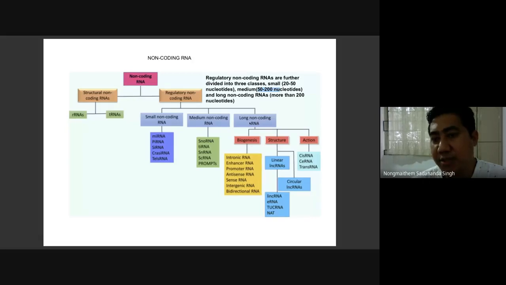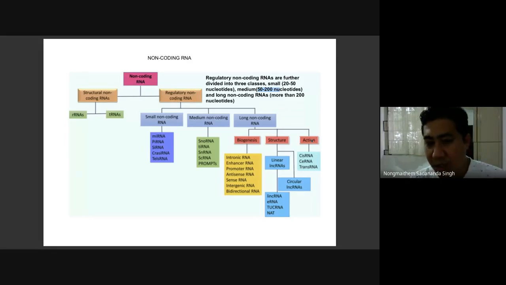Any RNAs which are more than 200 nucleotides long are classified as long non-coding RNAs. But within the long non-coding RNAs, depending on the biogenesis, the structure, and the action, you can have different types.